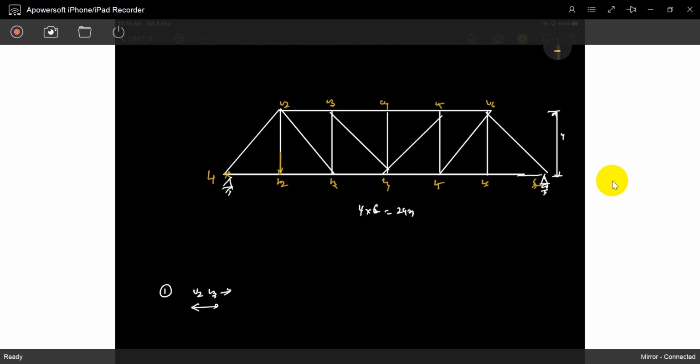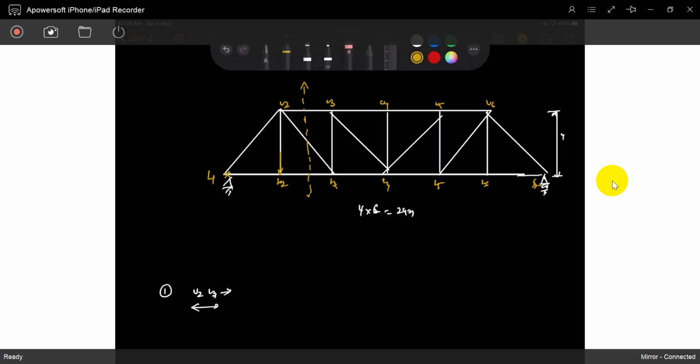Sir, how? Same thing, cut it like this, and you can just avoid the left portion. Just take care of the right portion, because the left portion has two forces and we don't know that distance, we just cut it somewhere.